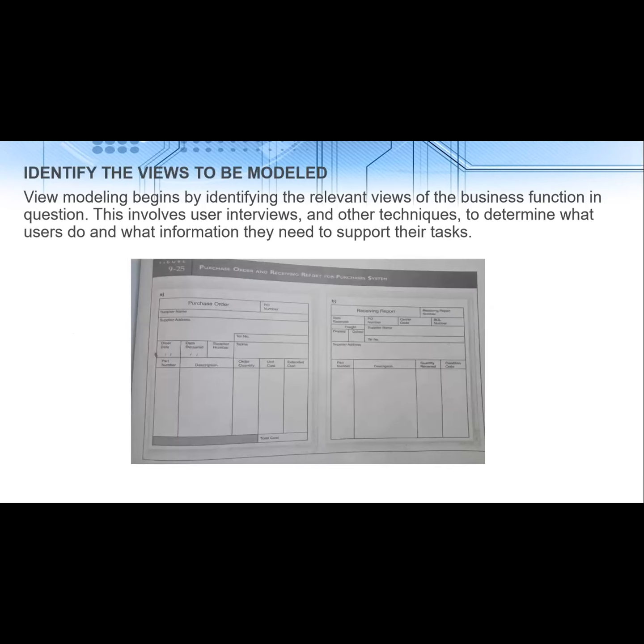So, view modeling begins by identifying the relevant views of the business function in question. Dito nakapaloob yung mga user interviews and other techniques. Dito malalaman kung anong gagawin ng mga users at kung anong informations ang kailangan nila to support their task. Next.